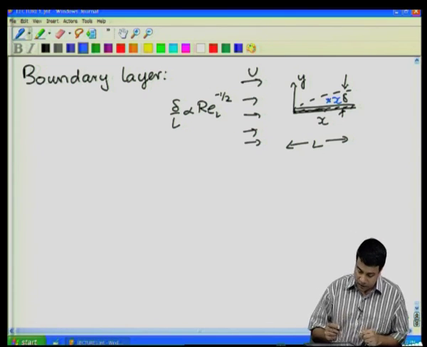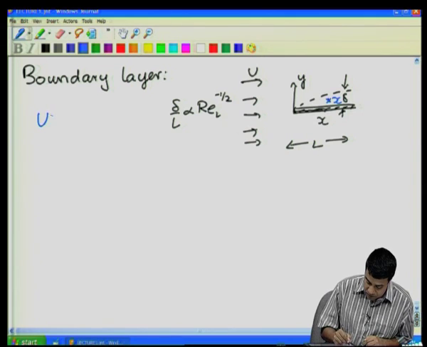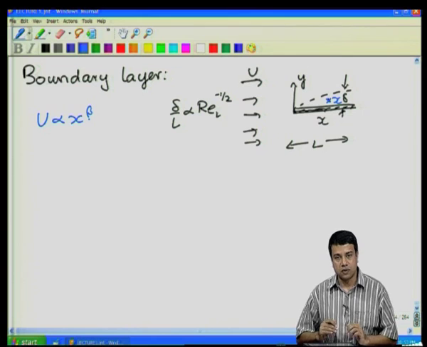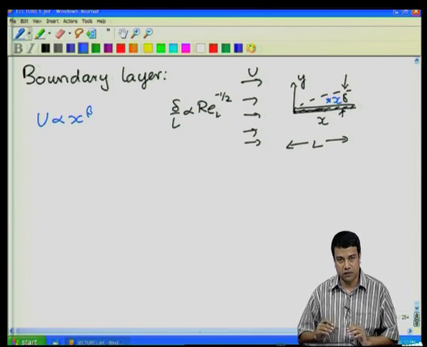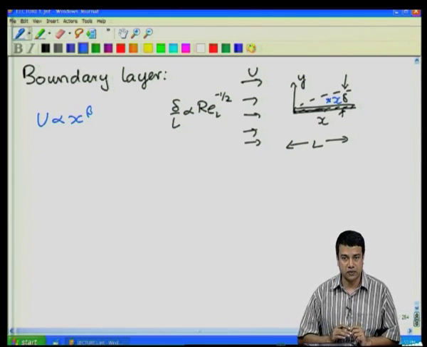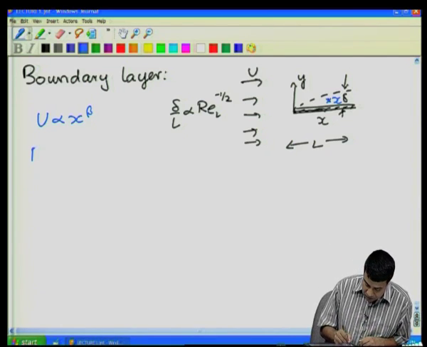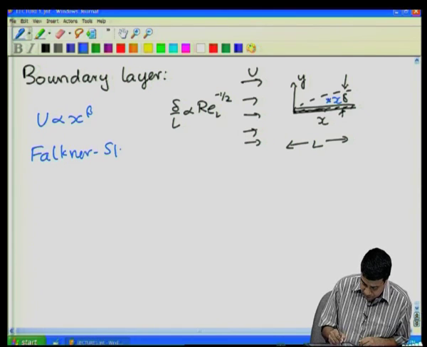For any velocity profile for which u, the mean velocity, is proportional to x power beta, varies as some power of x. In this particular case, beta is equal to 0. So, the mean potential flow velocity varying as x power beta does admit a similarity solution, and those were known as the Falkner-Skan solutions.